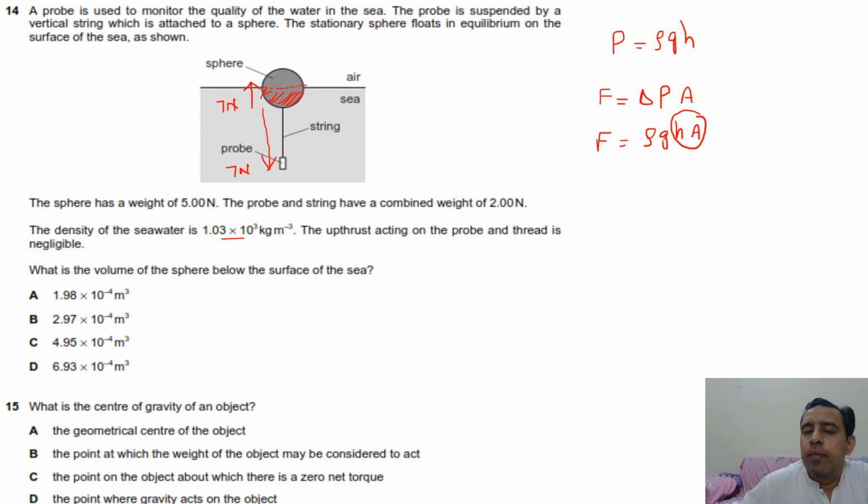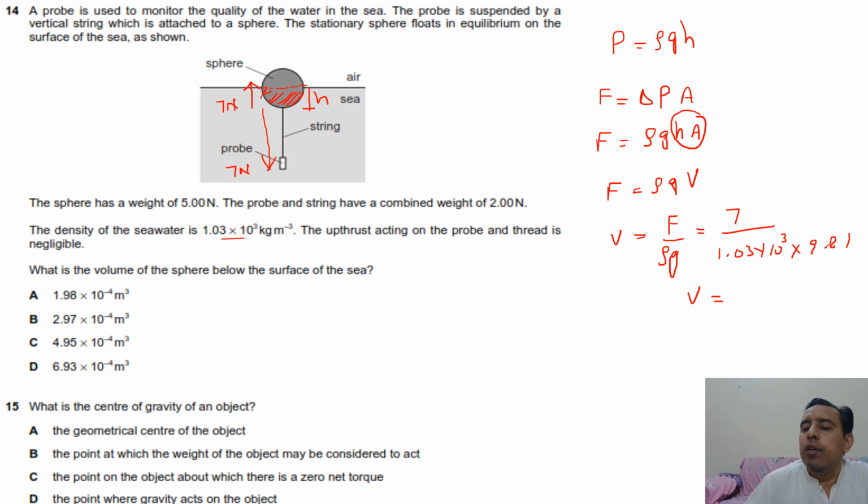This is H, and the area gives you the volume. So F is equal to rho gV, and this V is in fact F over rho g. The F is the upthrust force because of the pressure difference, which is 7 Newton. So the density is 1.03 into 10 to the power 3 multiplied with 9.81. By substituting all these values in a calculator, you can have this answer.